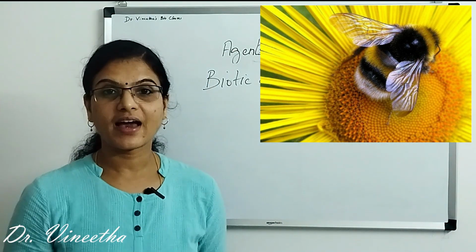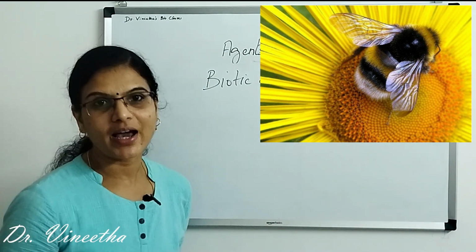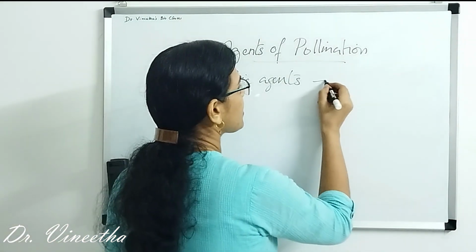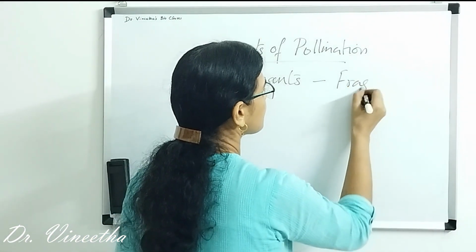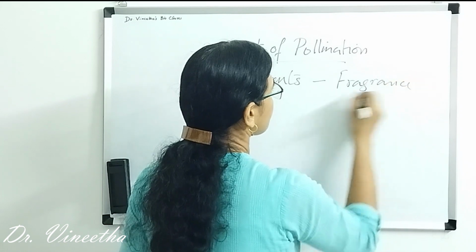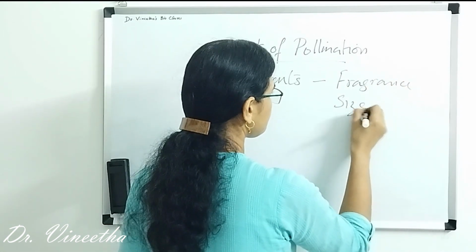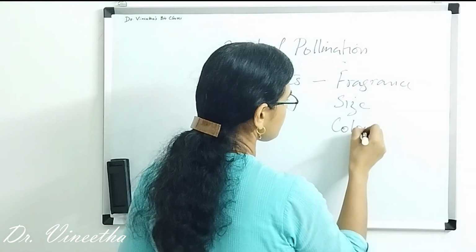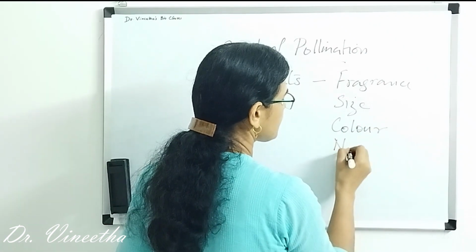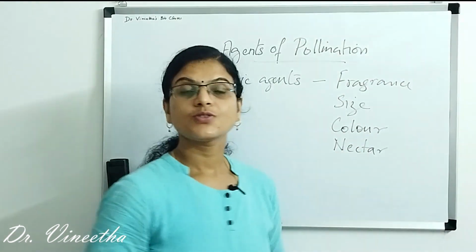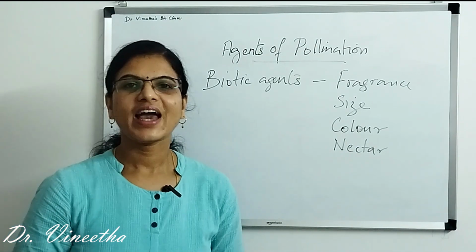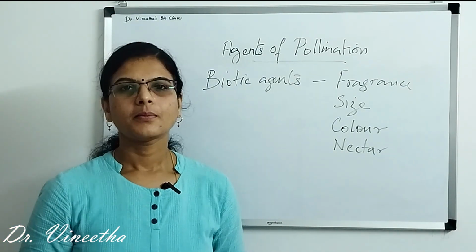So these are the factors which attract the biotic agents, that is, the fragrance, the size, the color, and the presence of nectar. So these are the factors which help in the pollination by animals.